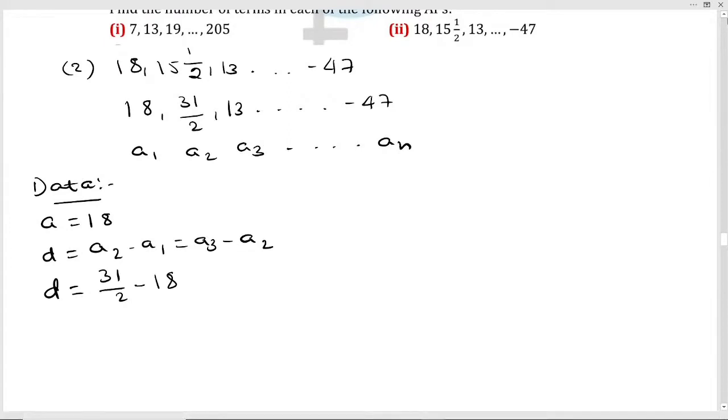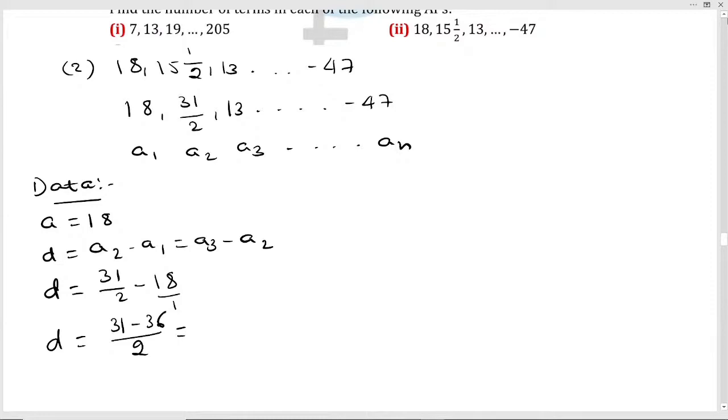Now since nothing is there under 18, 1 will be there. So take the LCM. The LCM will be 2. So 2 ones are 2, 1 into 31 is 31, minus 18 twos are 36. Here the denominators are different, so I am taking the LCM.